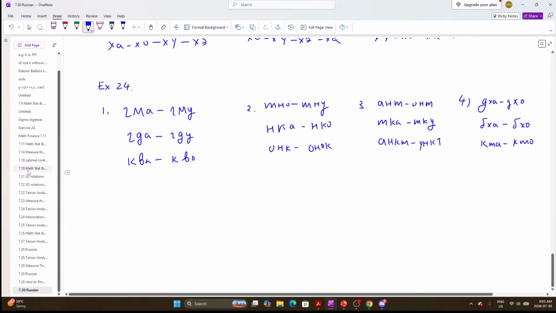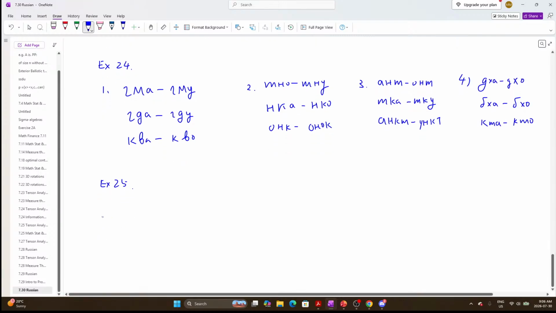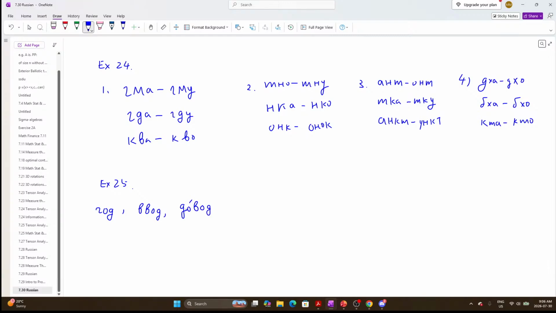All right. So exercise 25. Упражнение 25. Read the words. Oh wow, many new words today. Remember that voiced consonants at the end of a word are pronounced like voiceless consonants. For example, this one, год, means year. Вход means input. Довод, a new word to me.